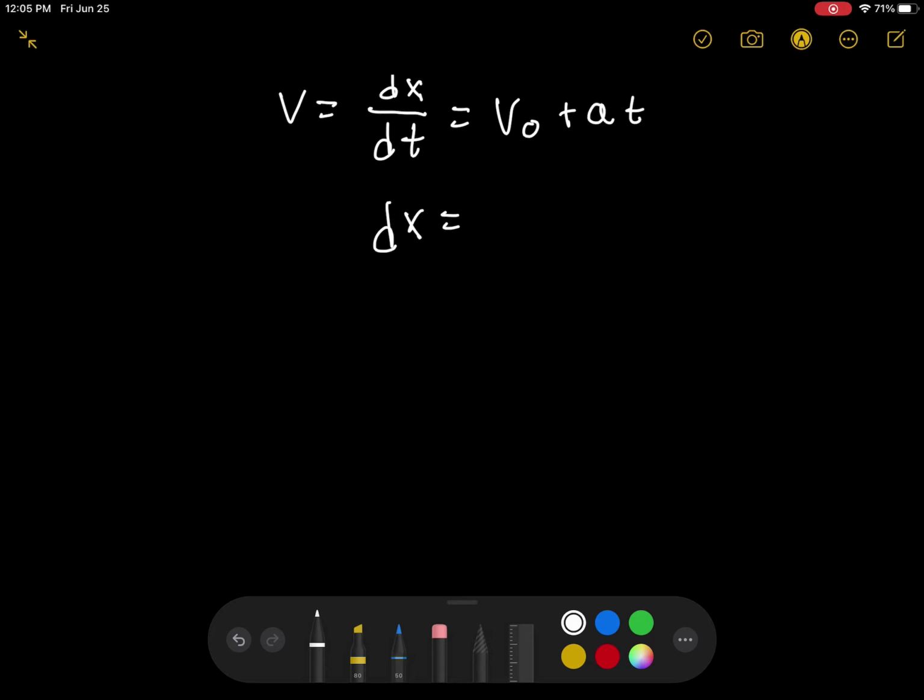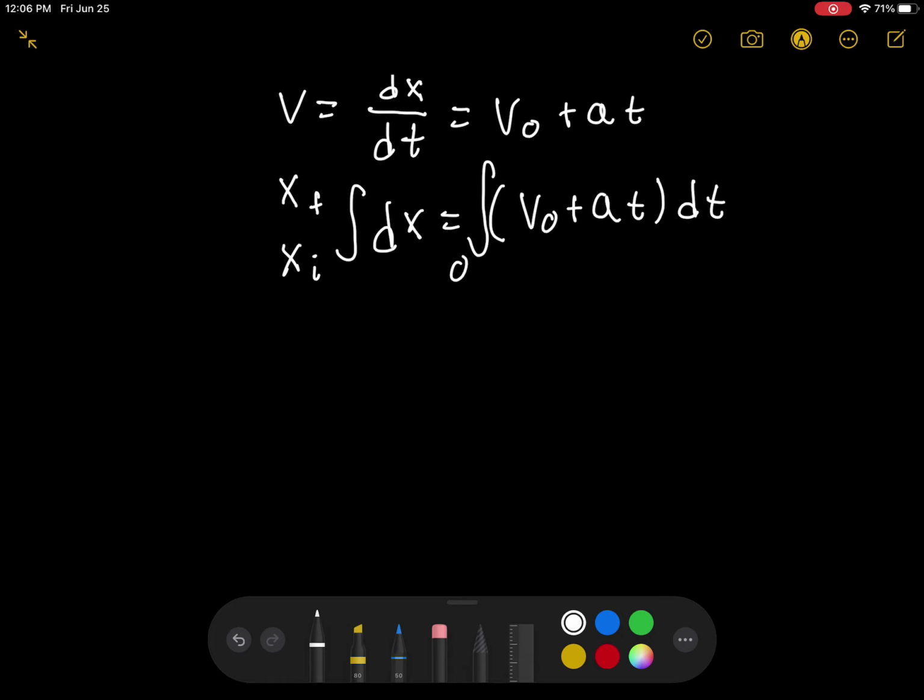That leaves us with dx equals, in parentheses, v0 plus at times dt. And we are going to integrate both sides, starting with the position at some initial position to some final position, and with time, starting at some time 0 to some unknown time again, t.